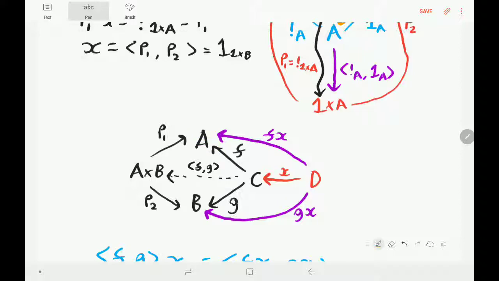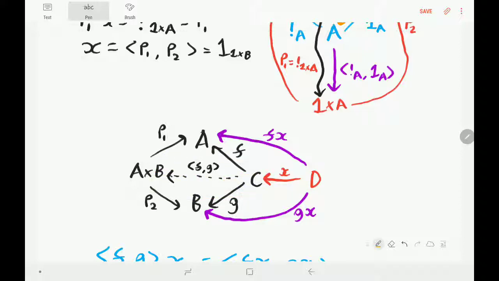Just to very quickly recap, the categorical product of A and B is A times B with projection arrows P1 and P2, such that for any arrow C with an arrow F to A and an arrow G to B, there exists a unique arrow which we call angle brackets F comma G, and that goes from C to A times B, and it has the property that P1 after F comma G is F, and P2 after F comma G is G. So I've said there exists this unique arrow which makes this diagram commute.